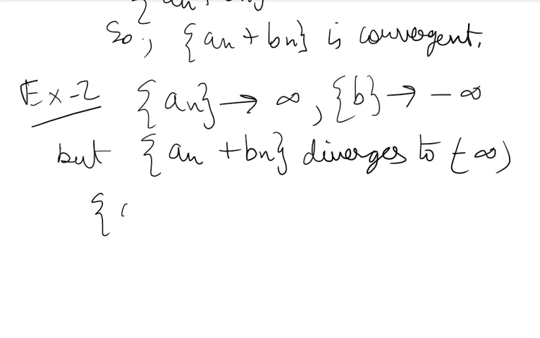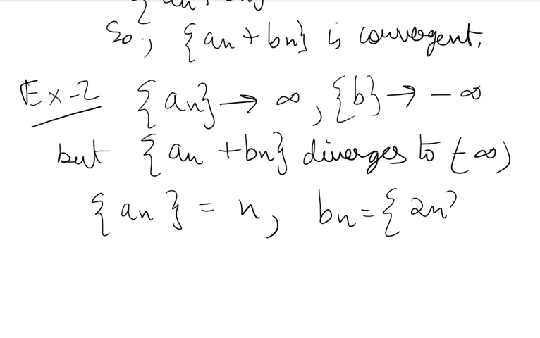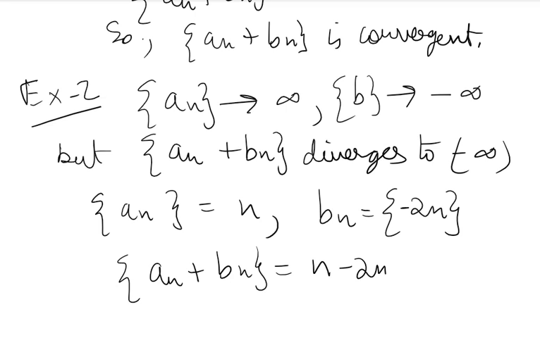Let's say I take the an sequence as n, and I take the bn sequence as minus 2n. Then an plus bn will give me n minus 2n, that is minus n.